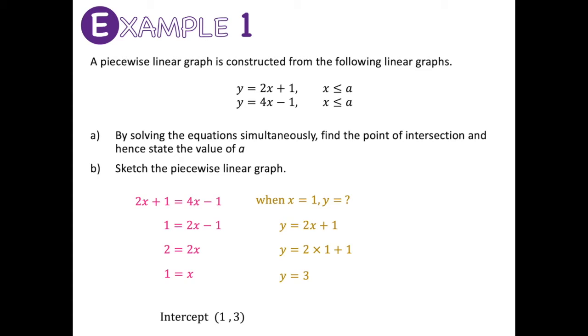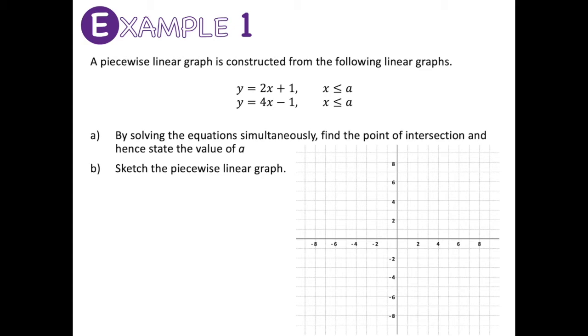That now means we can find our value of a. When x is smaller than 1, it is y equals 2x plus 1. When x is larger than 1, it's y equals 4x minus 1. So our a value that we would need to use to construct the graph is a equals 1.